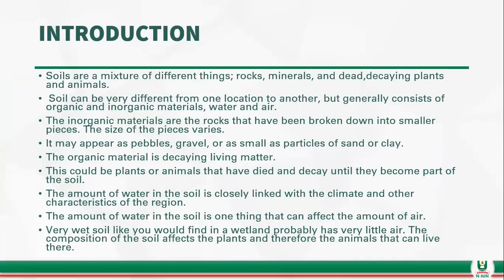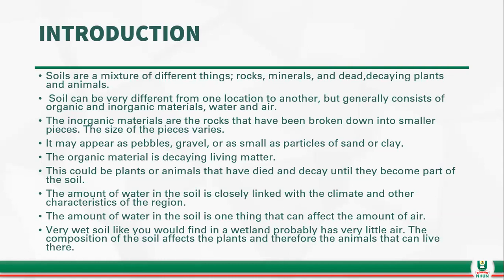By way of introduction today, we are saying that soils are a mixture of different things. Soil includes things like rock, minerals, dead decaying plants, as well as animals. So soils can be very different from one location to another, but generally they consist of organic and inorganic materials, as well as water and air.